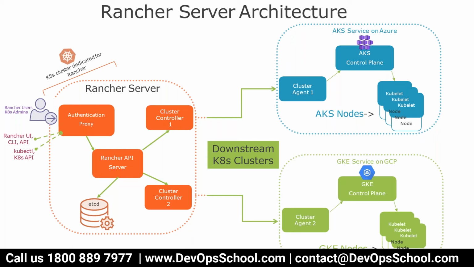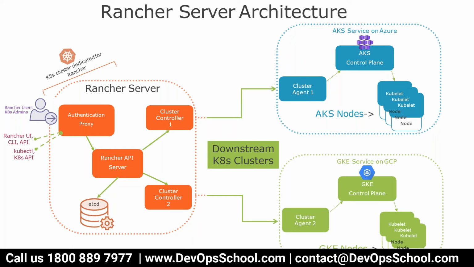If Rancher wants to communicate with AKS or EKS, do we need to install the cluster agent? No, that will be installed automatically. You just need to understand how this communication happens. When you deploy a Kubernetes cluster using the Rancher server to AKS or EKS or GKE, these agents will be installed for you automatically on behalf of you by the Rancher server.